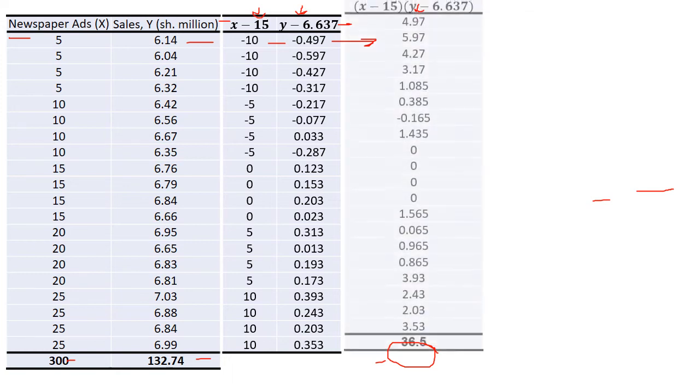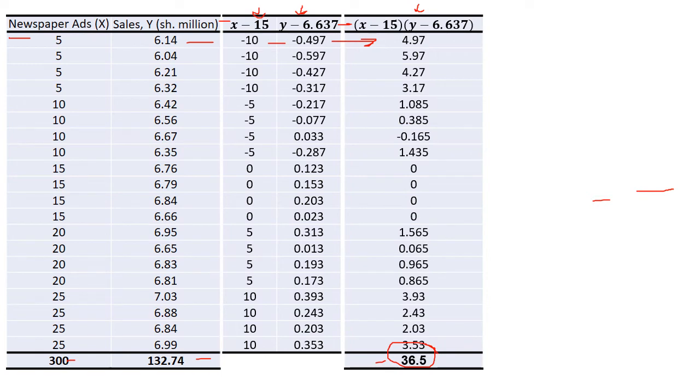Then when you multiply them, you get the product of your differences in this column. So you multiply minus 10 times negative 0.49, and you get this value here. You repeat all those, and then when you sum, this is the sum of all the products of your deviations.